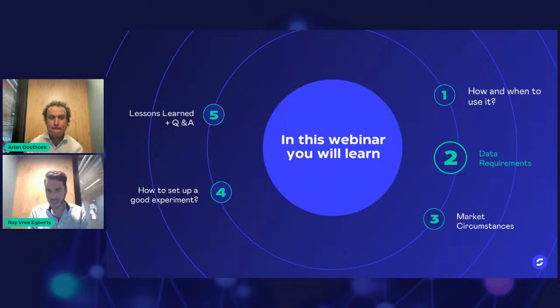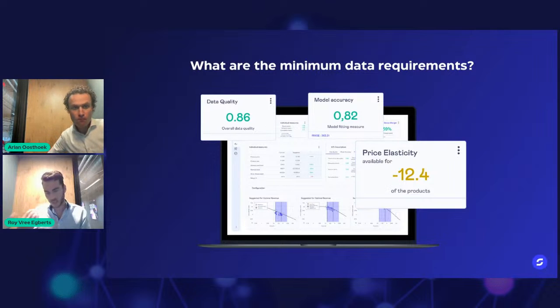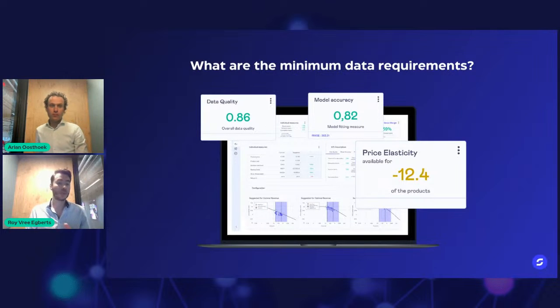If we go to the next slide, for all the people working with data, and I'm assuming most of you do, data quality remains a challenge throughout the company. It's always difficult to get the right data quality in there. So we will always provide a score for data quality, model accuracy, and then the price elasticity. You can always set your thresholds yourself, to decide what you're comfortable with and still feel okay working with the outcome.